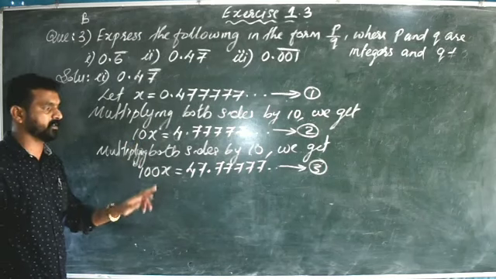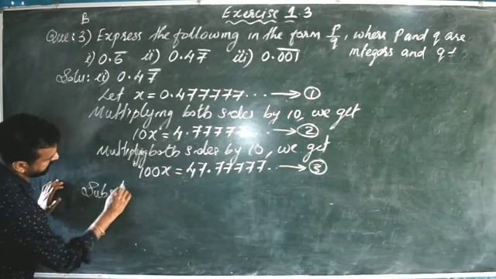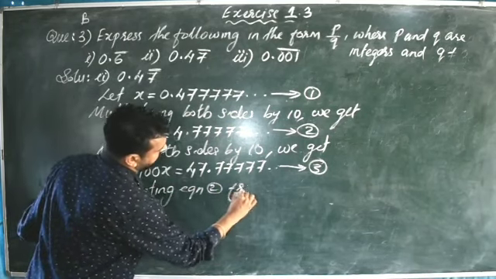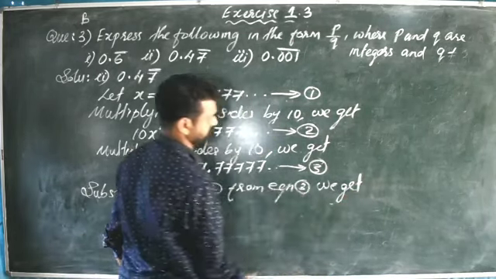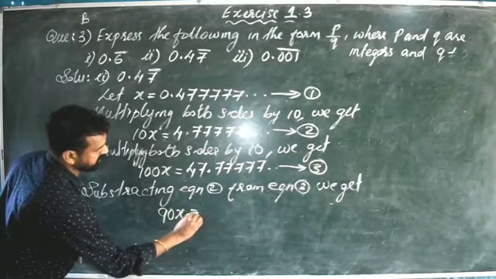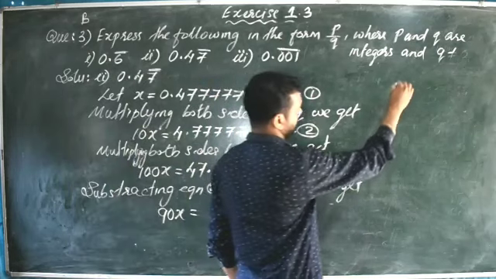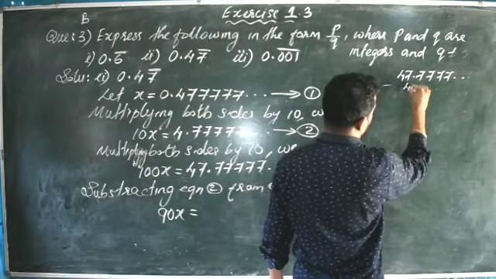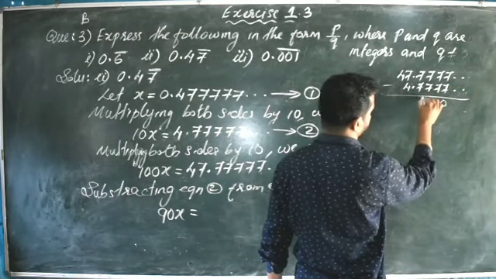Subtracting equation 2 from equation 3, we get 100x minus 10x, 100 minus 10, that is 90x is equal to 47.777 etc. minus 4.777 etc. It will come like this: 47.77777 etc. minus 4.7777 etc. Subtract it. 7 minus 7 is 0, 7 minus 7 is 0, 7 minus 7 is 0.